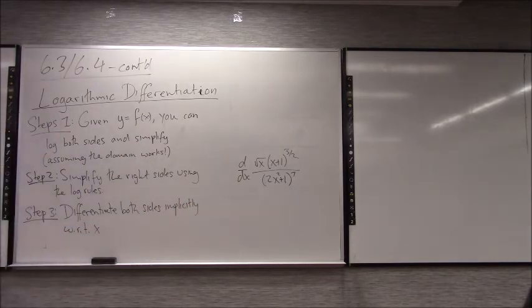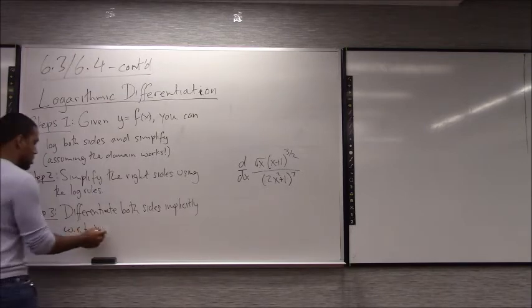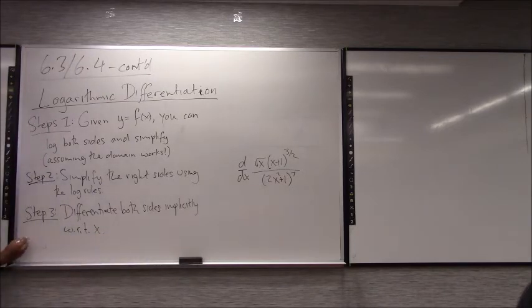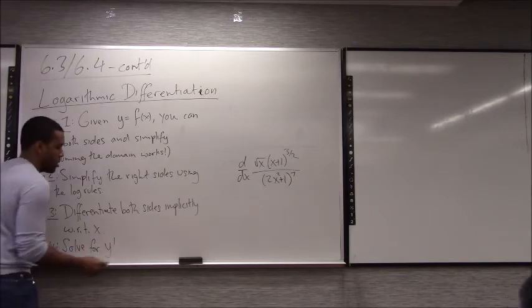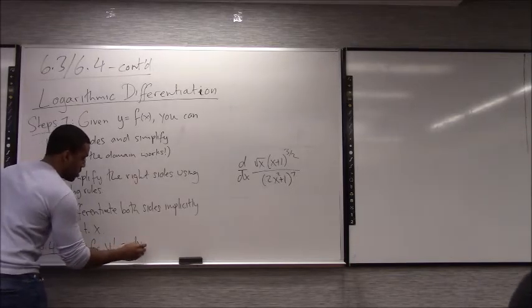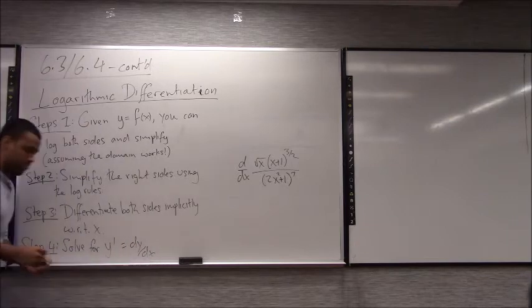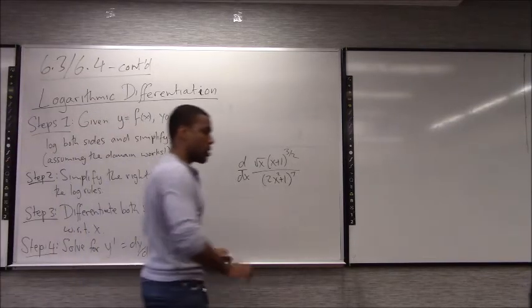Of course, we're finding the derivative with respect to x. Okay, and at the end of the day, step 4, solve for y prime. So this technique is called logarithmic differentiation.